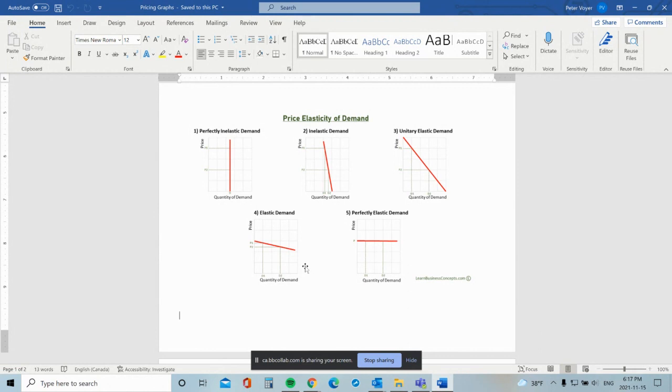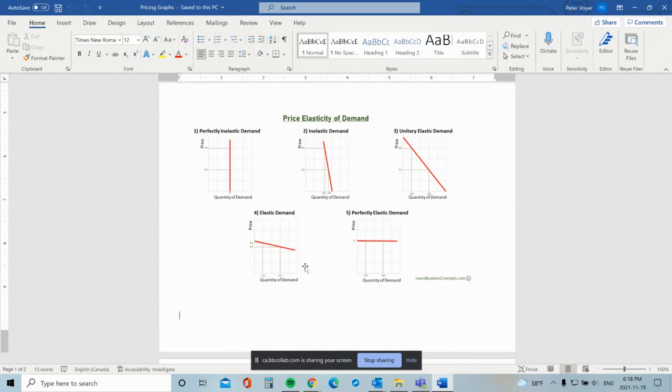So we have that kind of situation going on. Something like your colas, highly, highly substitutable. How about something like haircuts, barbers, lawn care services, that kind of thing? With a little change in price, people will just bail and get somebody else to cut their lawn or whatever.